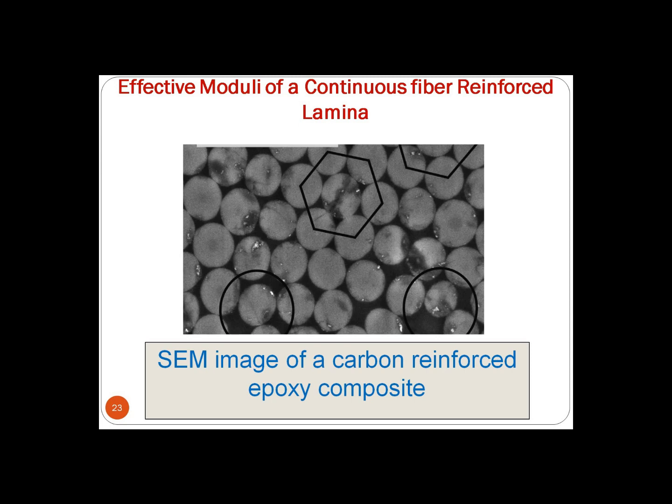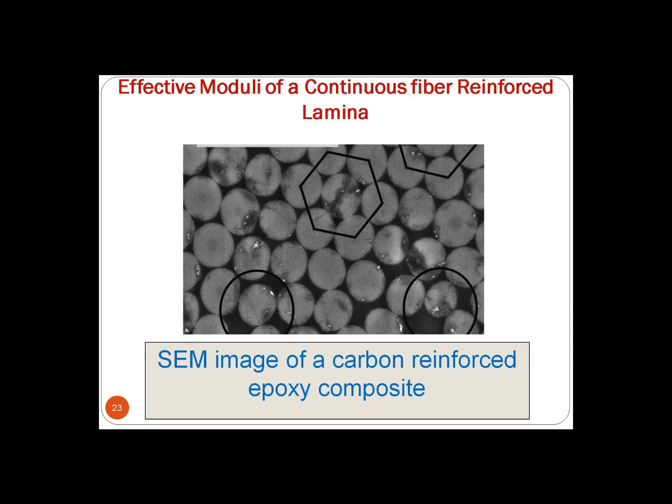Now we can see through this SEM image, scanning electron microscopy image, of a carbon fiber reinforced epoxy composite. Here we have drawn one hexagon over here. Hexagon means we have joined circle to circle and made a hexagon. And I had already discussed in my previous class that it is a representative volume element.